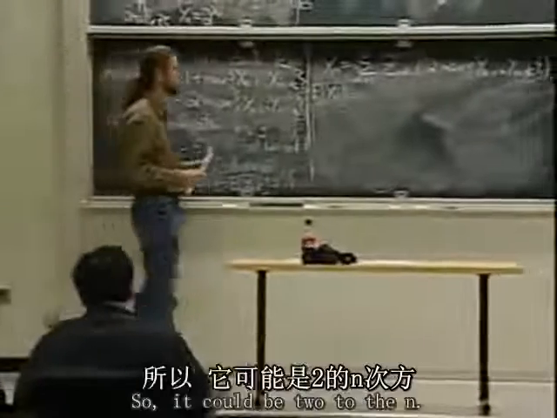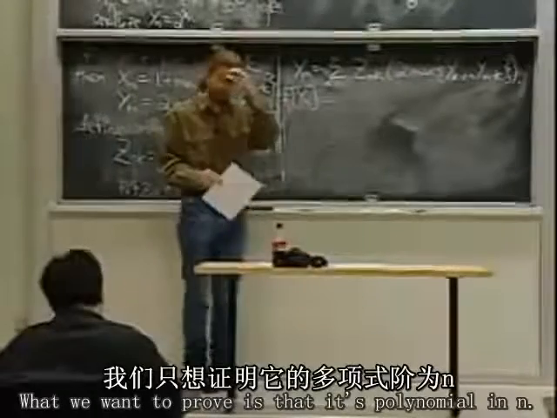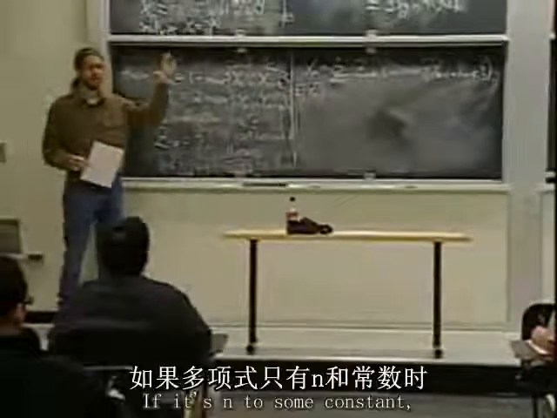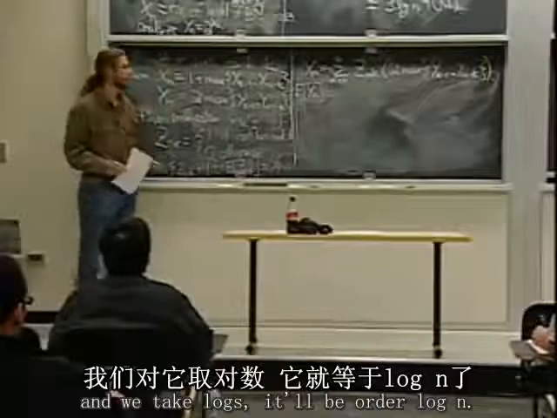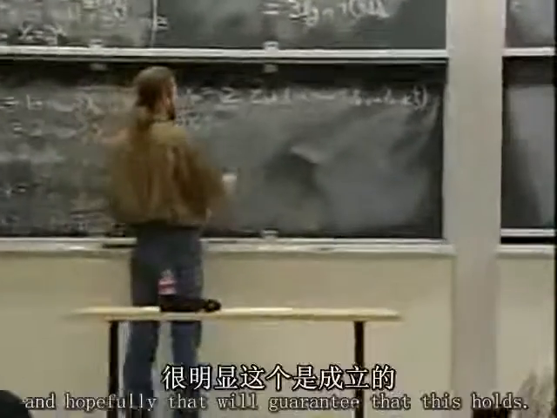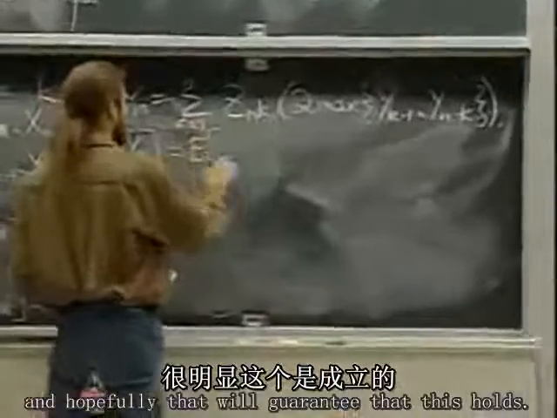What we want to prove is that it's polynomial in n. If it's n to some constant, and we take logs, it'll be order log n. So we'll take the expectation, and hopefully that will guarantee that this holds.